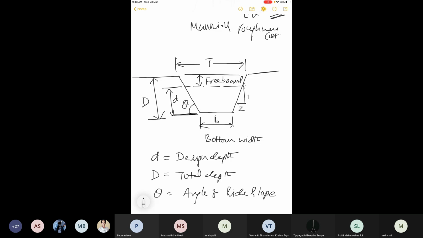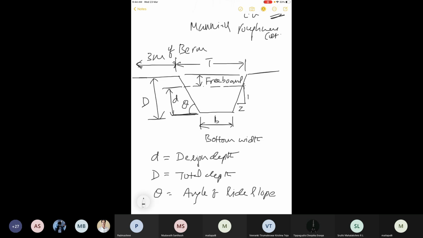Again, you also need to maintain about 3 meters of berm, in order to avoid any collapsing, and also to have the walk area.